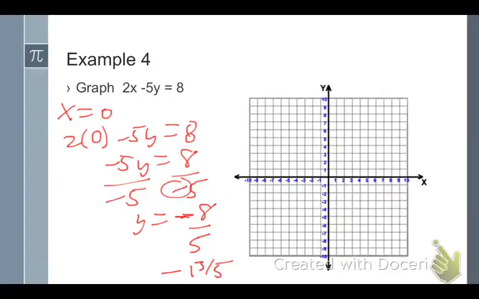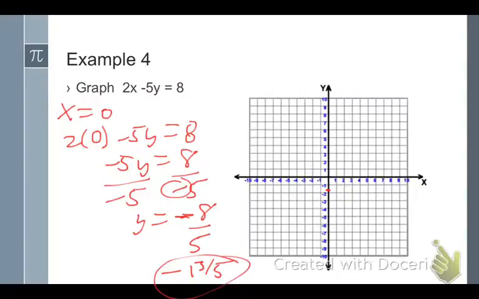So when x is 0, I'm going to go down negative 1 and just a little bit more. Well, a little more than halfway. 3/5 is a little more than half. So right there. So this doesn't come out to nice round integers to graph. So mixed numbers are helpful in graphing.